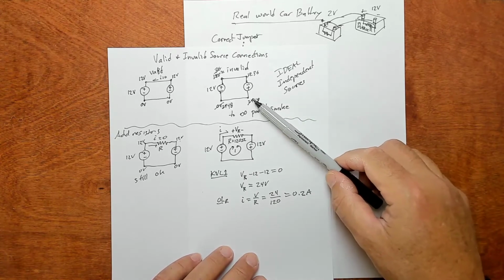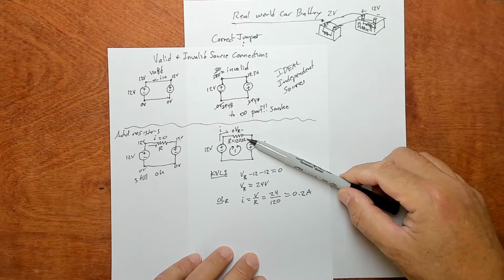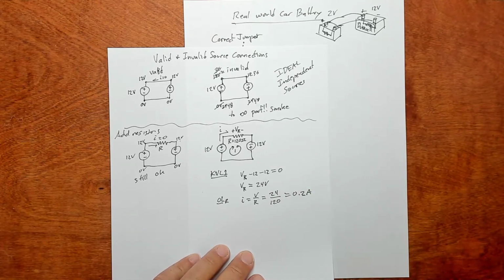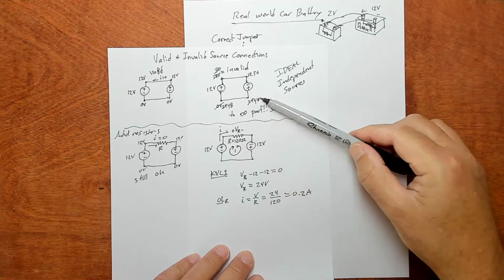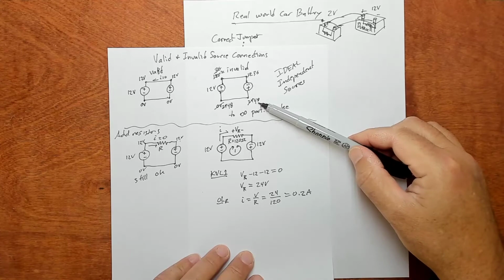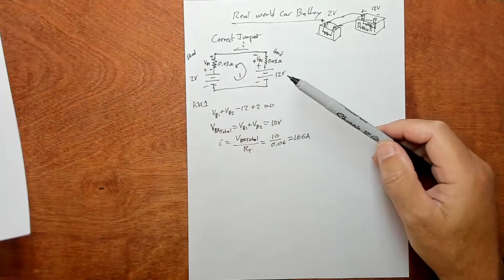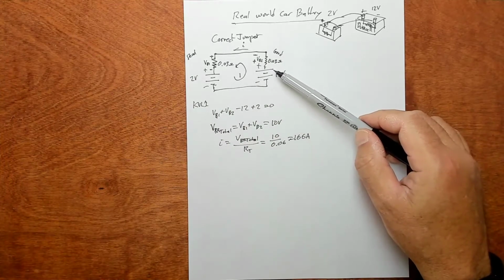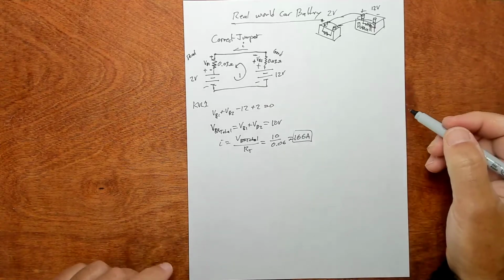So even this invalid connection, if you add a resistance, which you really would have in real life, it's going to change things a little bit. But once again, if the resistance is very small, which it would be for a wire, then it's closer to this ideal case, this ideal invalid connection, things like that. And you could take the model a little bit further and do this, and we come up with this 166 amps.